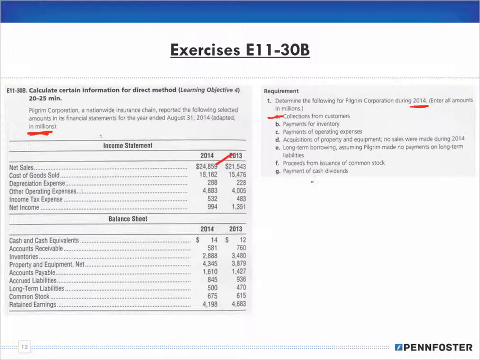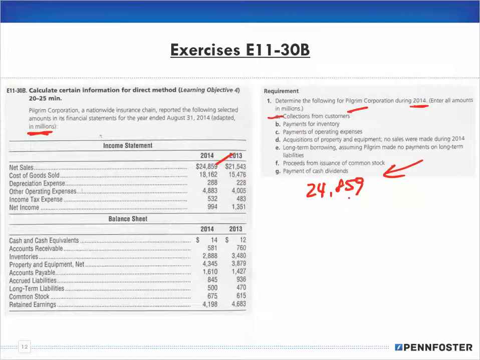So A, for our collection from customers, we have to take our net sales, which are 24,859, and I have to consider my accounts receivable. Remember, we're talking about collections from customers. How do I get anything from a customer?